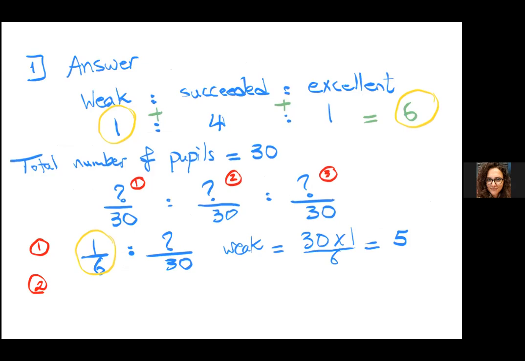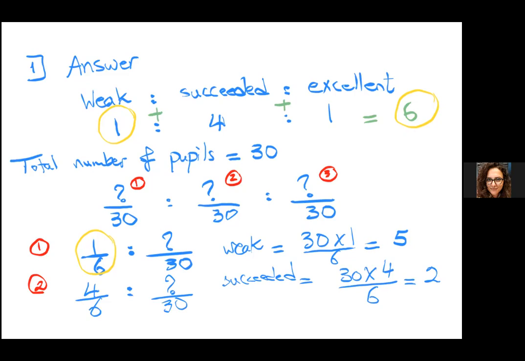Let's see number 2. Let's find the number of succeeded students. The number of succeeded students is actually 4/6. So this is the ratio to the real numbers. Question over 30. Now let's do the succeeded using cross multiplication. So it's 30 multiplied by 4 divided by 6.